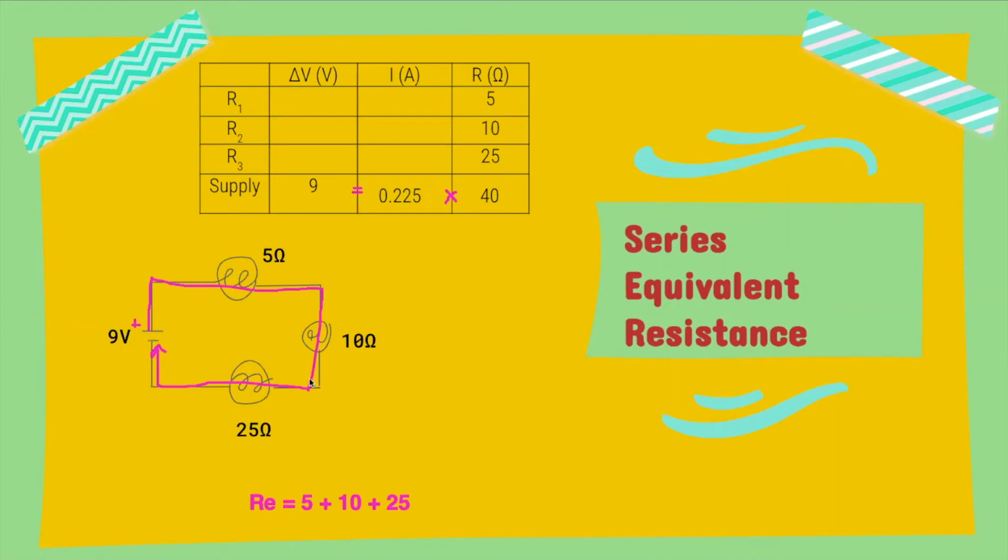And because it's in series, they all have the same current as each other, and I could use that to find the voltage drops. So the only new part of this is that the equivalent resistance was found by adding up the individual resistors in series. Okay, let's do one more example and then we'll switch to parallel.